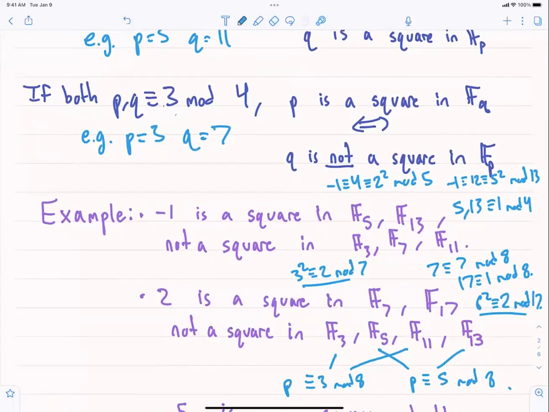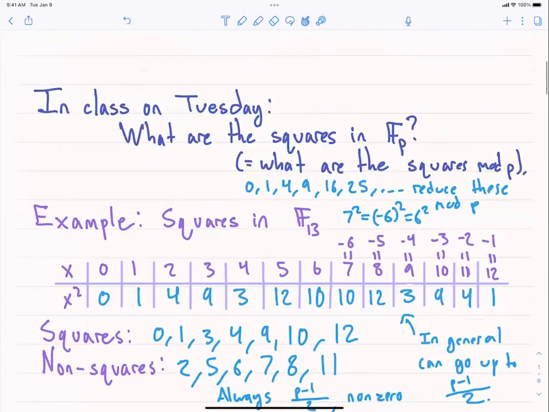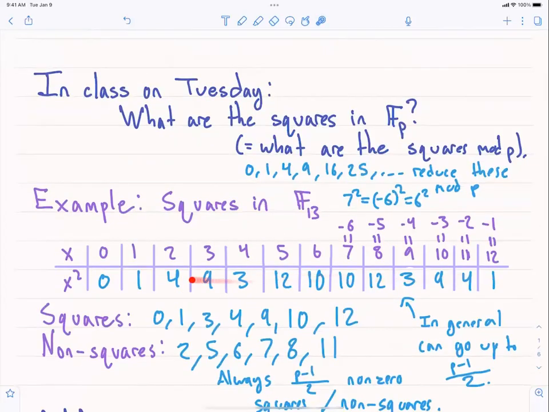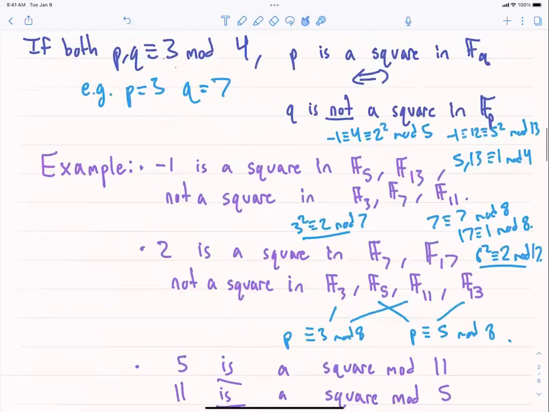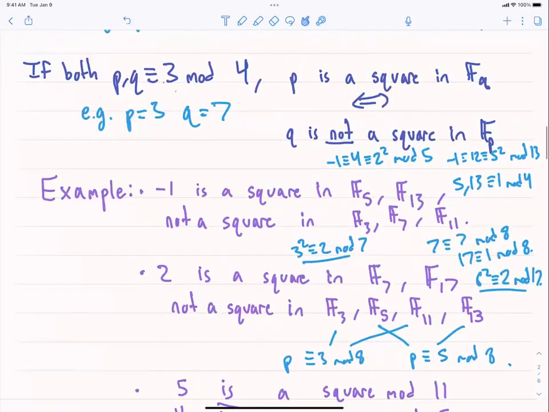And if we look in our table for F13, we can check that 2 is not a square. Indeed, here's our table. 2 doesn't appear on the bottom row. It's listed down here in the not a square list. Okay, so that checks out. Good.